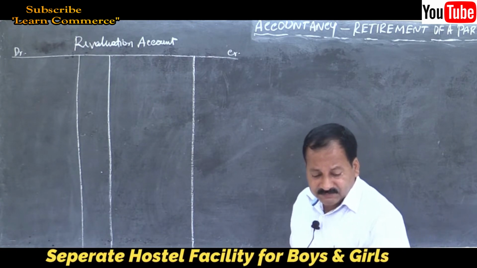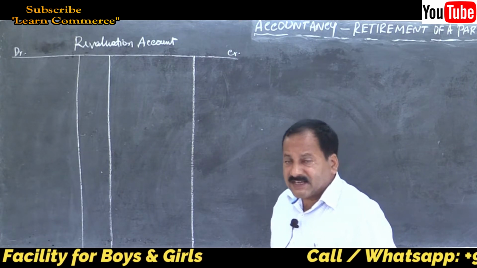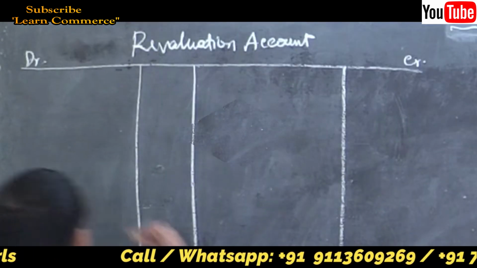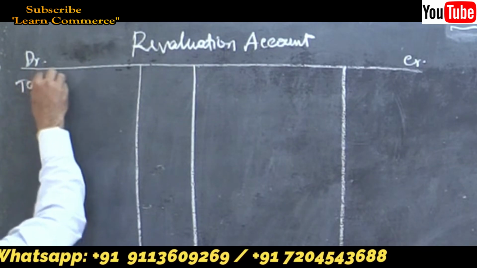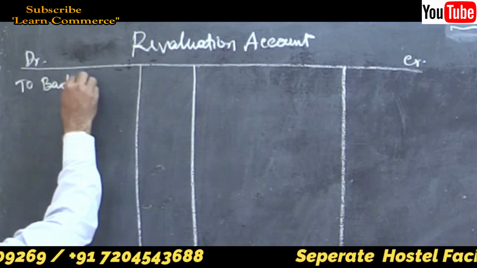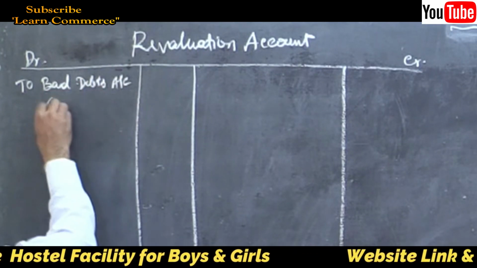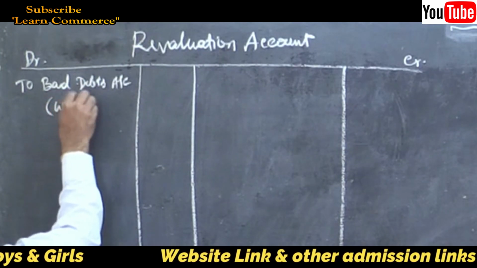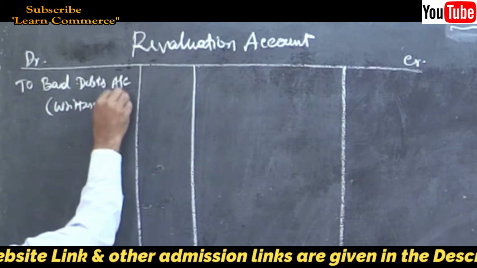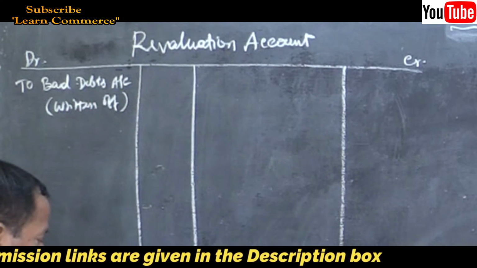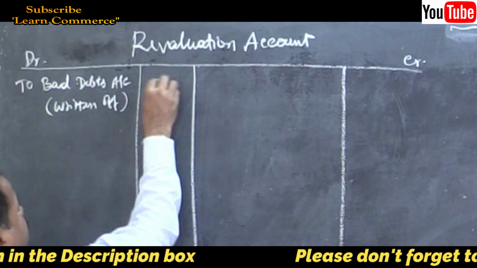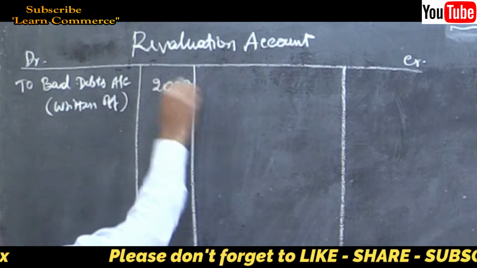Let us start. To bad debts account. Bad debts account, within bracket, written off, how much? 2000, right? Yes, it is.